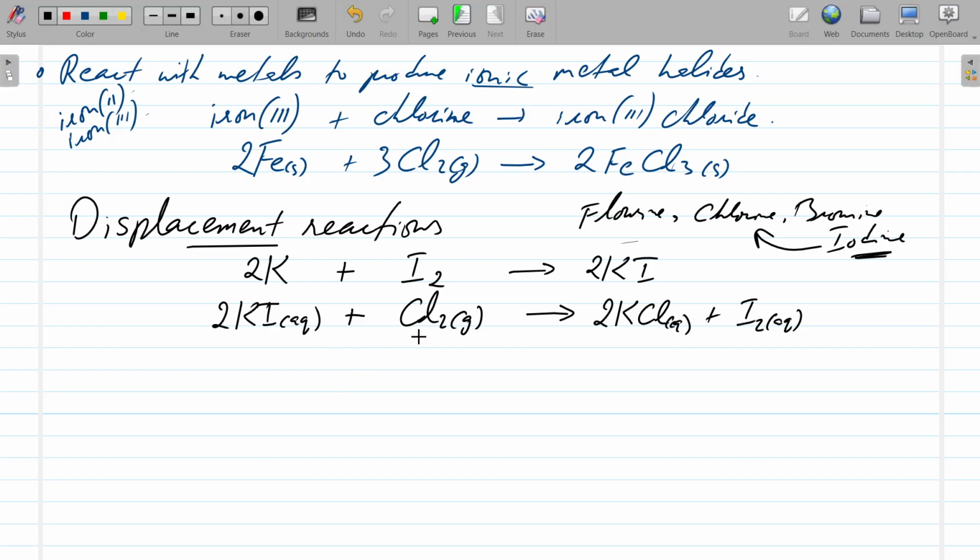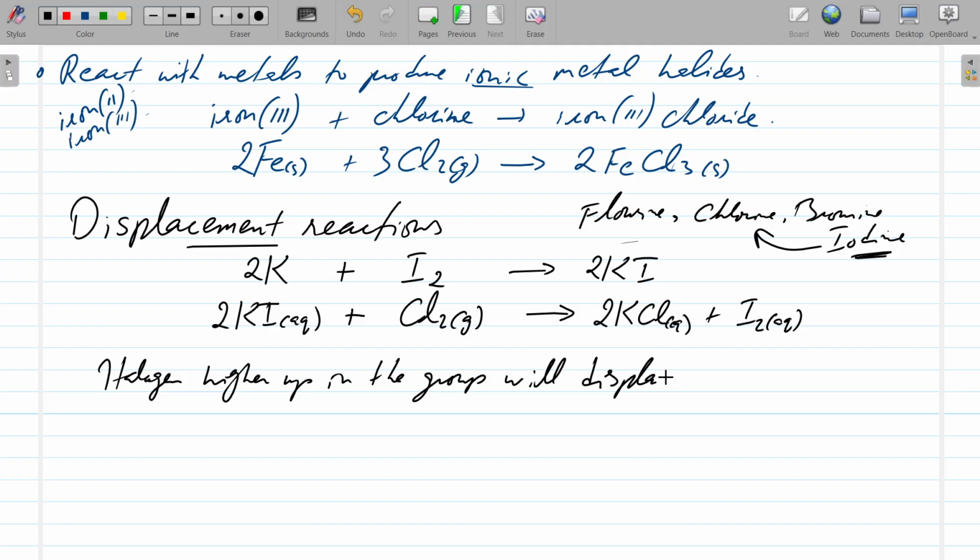So the observation made is that a halogen higher up will displace, in other words remove, a halogen lower down.